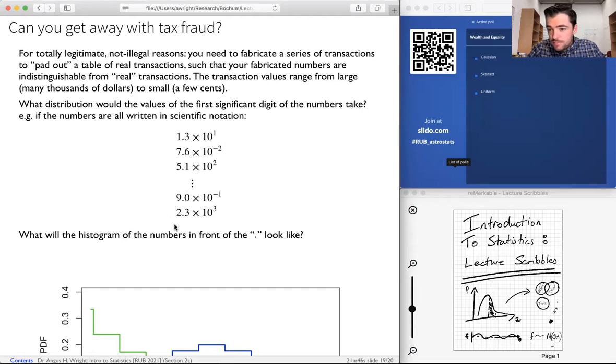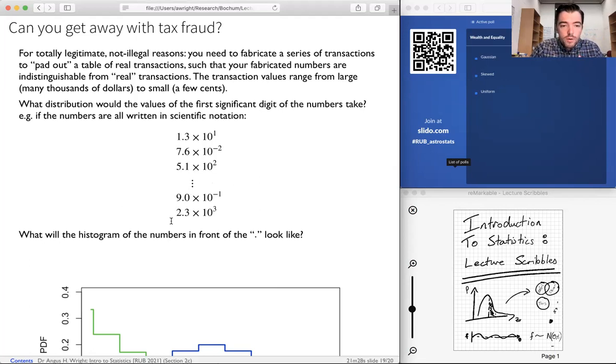My question to you is, in order to do this well, so that it's indistinguishable from real transactions, you want your fake numbers to look as much like random numbers from this list as all of the others.